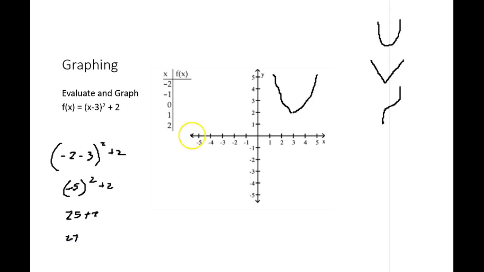So a negative 2 would give me a positive 27. Let's look at a negative 1. Negative 1 minus 3 is negative 4. Negative 4 squared is positive 16 plus 2 is 18.